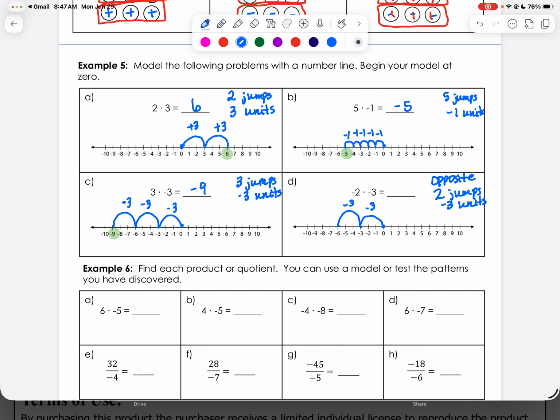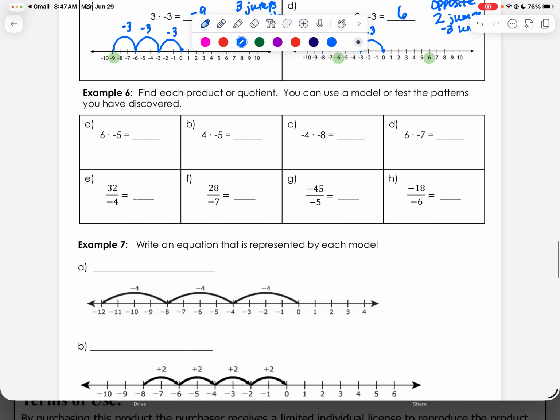Then where we landed was at negative 6, but that's not our answer because it said to take the opposite of that. So that would land me over here at positive 6. So negative 2 times negative 3 would give me positive 6. Again, a negative times a negative gives you a positive.